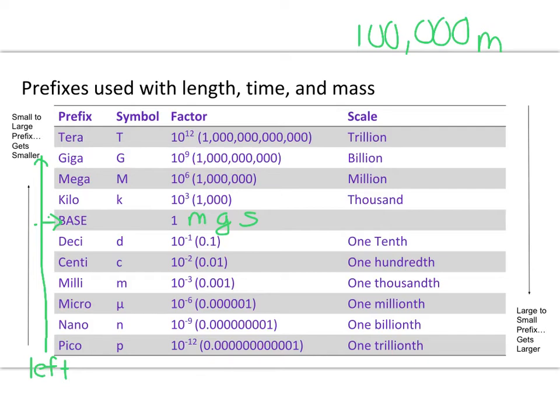On the right side, the opposite thing is happening. I'm going from a larger unit, so maybe from mega down to milli. So my number is going to get larger, and I'm going to move my decimal to the right. Like I said, we'll give you this in class, we'll go over it. Often these tables will look a little bit different from each other. They might be horizontal instead of vertical, or they might be flipped.